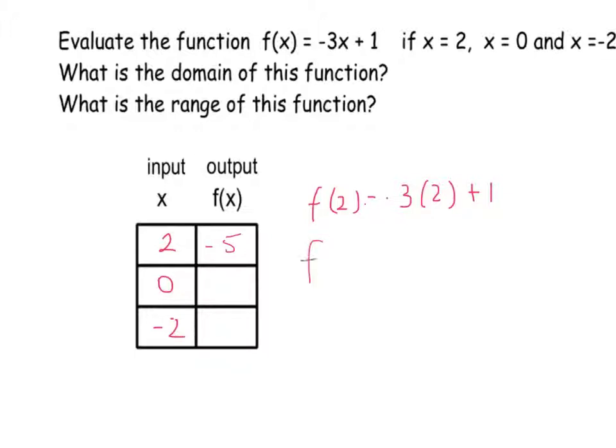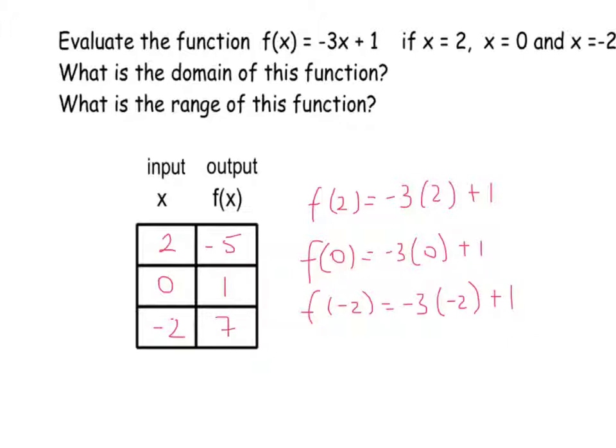F of 0 is -3 times 0 plus 1, which will just give me 1. And f of -2 is -3 times -2 plus 1. So the first part is going to give me 6, and then plus 1 will give me 7. And the second part of the question is asking us for the domain. The domain is 2, 0, -2, and the range is -5, 1, and 7.